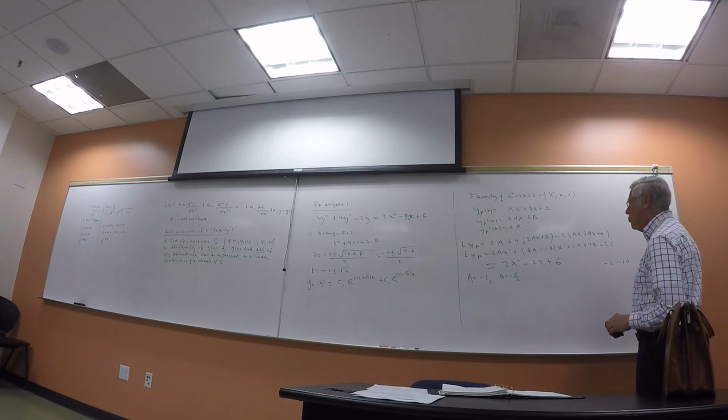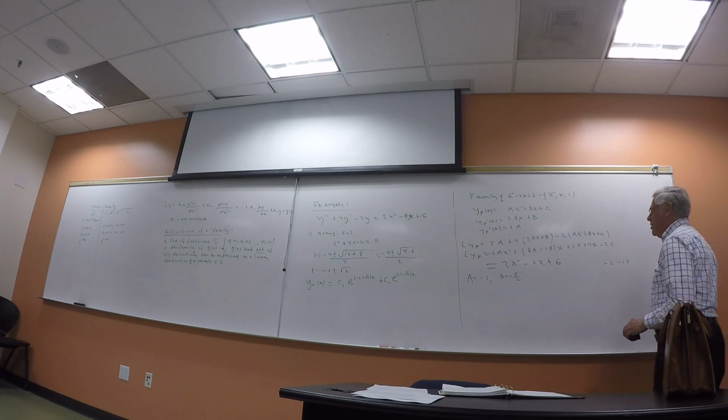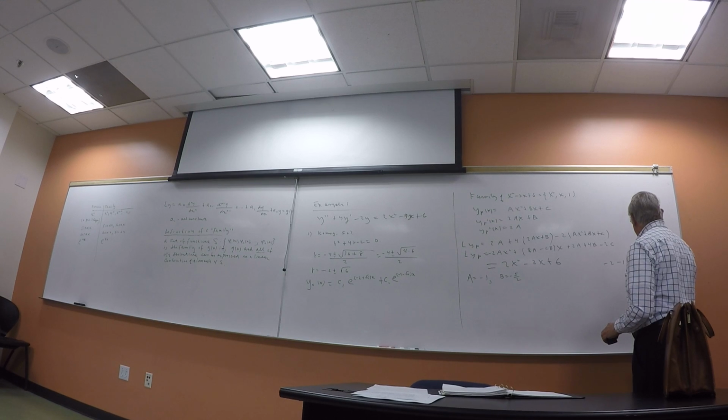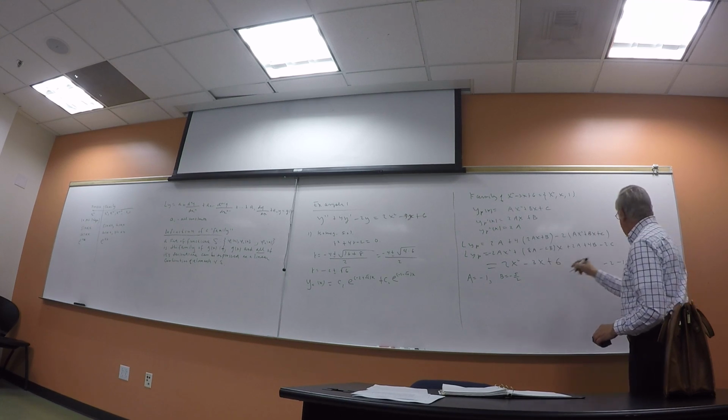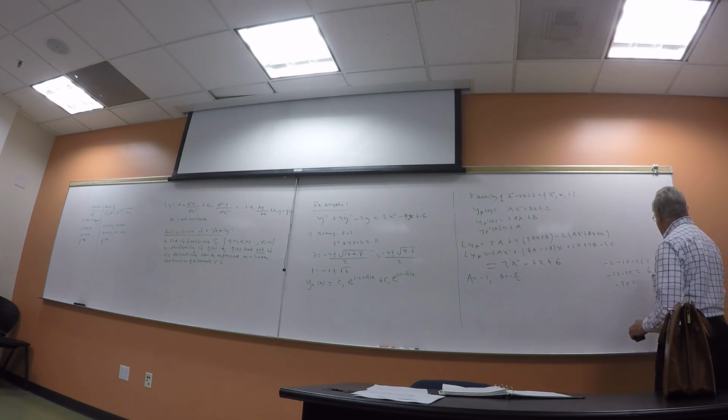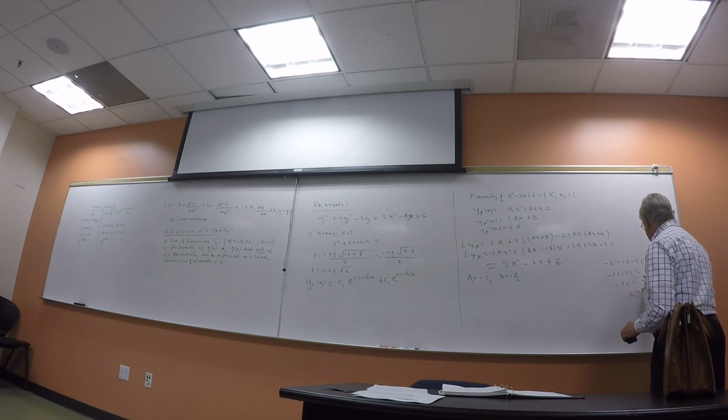Check my arithmetic. 4b, -10. And then minus 2c, and that has to equal the constant 6. Okay, so I get -12 minus 2c is equal to 6. So minus 2c is equal to 6 minus 12, which is -6. c is equal to 3.